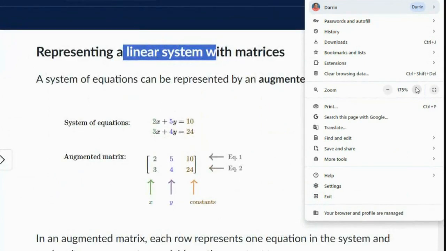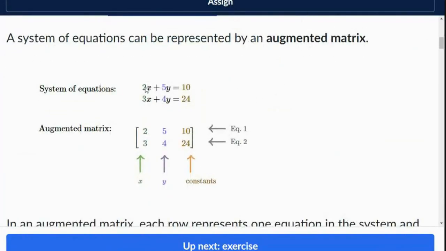All right, so if we have a system of equations, we've got 2x plus 5y equals 10. And we have another equation that says 3x plus 4y equals 24. We can take just the numbers, just the coefficients, and make a matrix out of it. 2, 5, and 10. That's the first equation, equation 1.